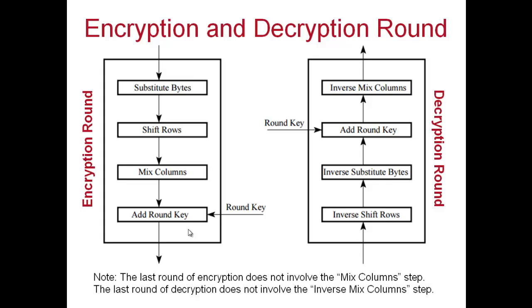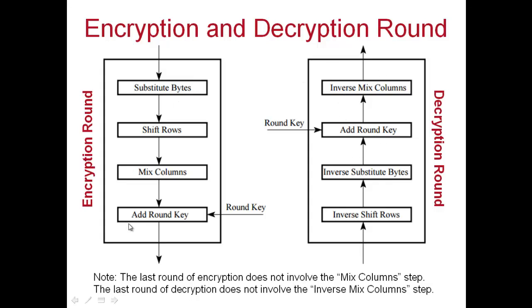We'll go through first the inverse shift row step, the inverse substitute byte step, then the XOR operation with the round key. This is the 128-bit key taken from the key schedule. When I say round key, it is coming from the key schedule, followed by the inverse mix column step.